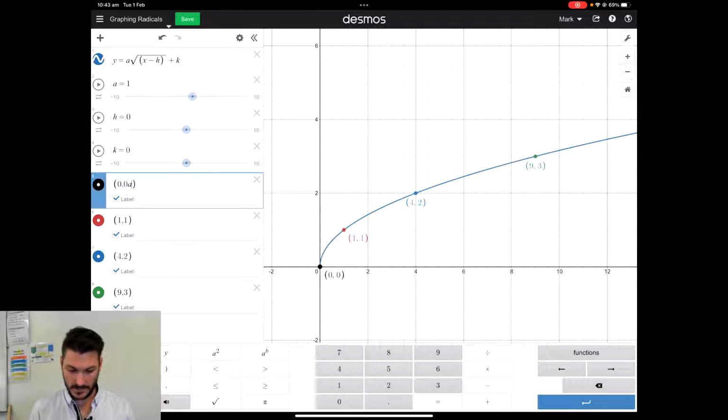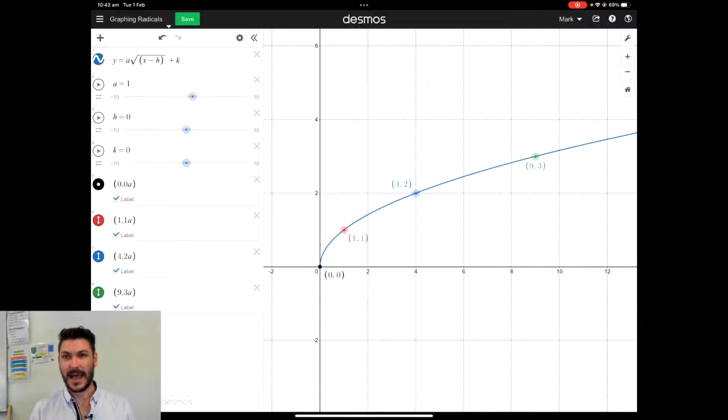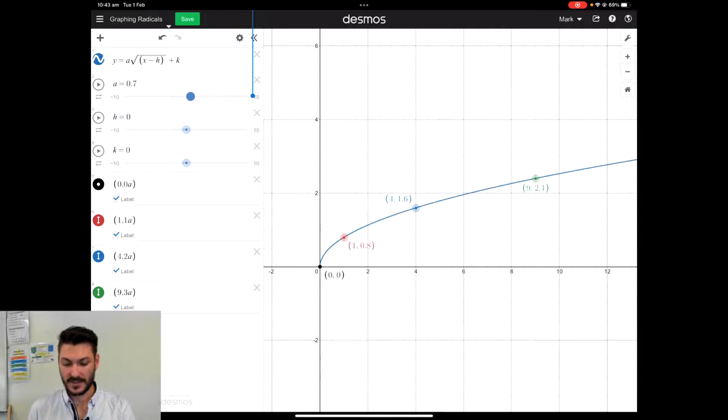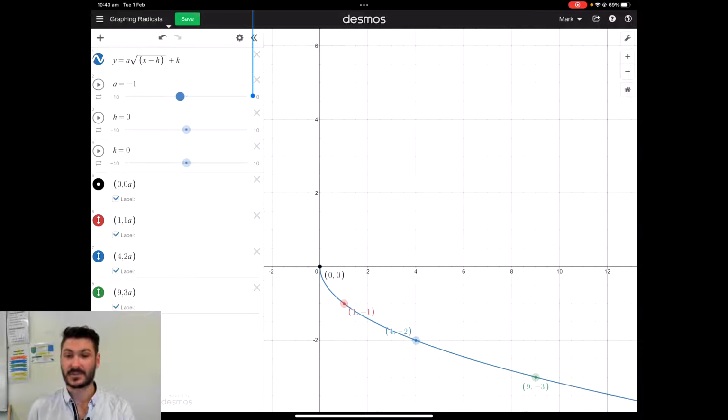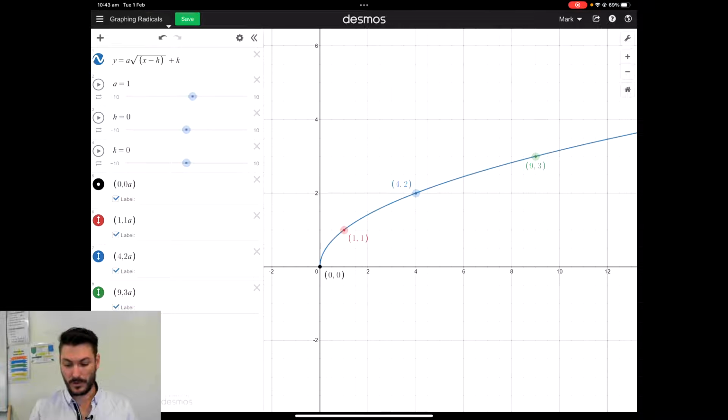So 0a, then I've got 1a, 2a, and 3a. And so now as I change the a variable, the y variable is being scaled appropriately. As I make this bigger and bigger, you can see all the points are staying on my function. Even if I get negative, the points are still staying on the function. So that's great. I'm going to go back to a equals 1 though.